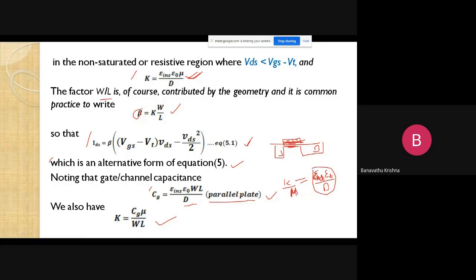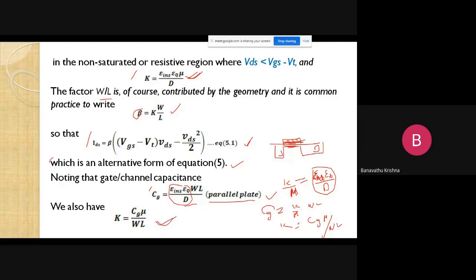So Cg equals K by mu into WL. Then K equals Cg into mu by WL.